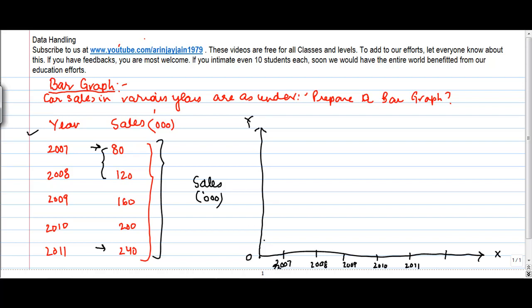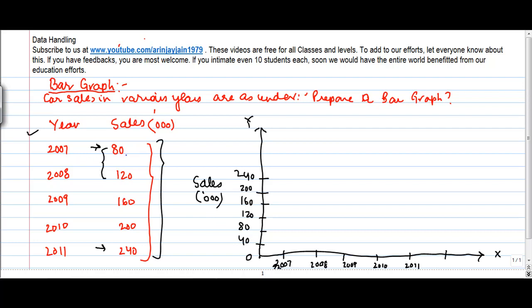So instead, I take a gap of 40. This point always represents 0. So I put 40, 80, 120, 160, 200, 240. Okay? And I start plotting the data.